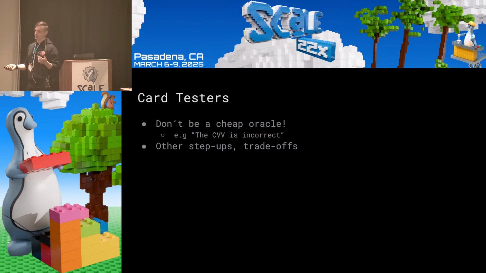And it can be kind of frustrating, but this is why. If you're too helpful, you're a cheap oracle for the criminals. There's other step-ups, right? So you could have an annoying 3DS MFA prompt. You could be really heavy-handed and say, oh, we want to do a liveness check and hold up your ID, but there are trade-offs, right? That adds friction.